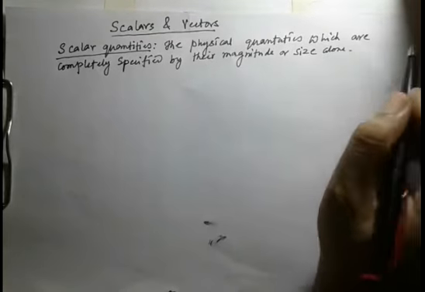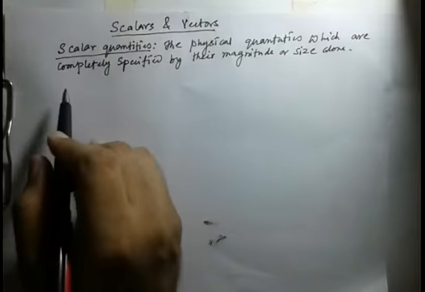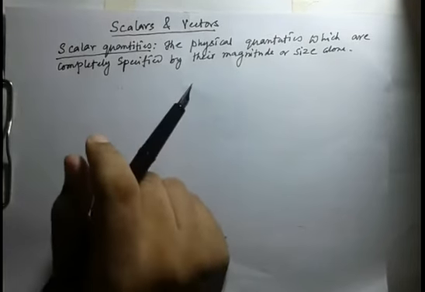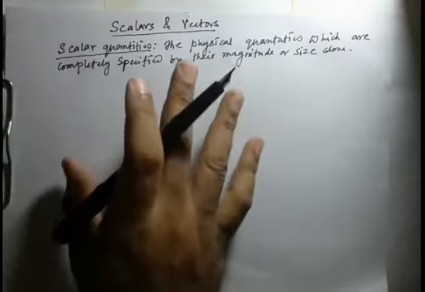Okay, these are called the scalar quantities. Examples will be length, mass, volume, density, speed. These are all the scalar quantity.